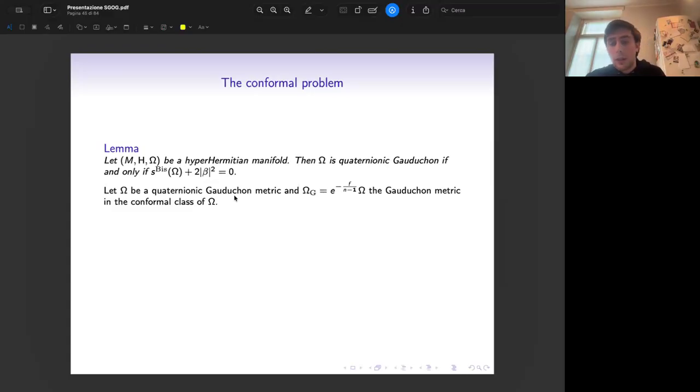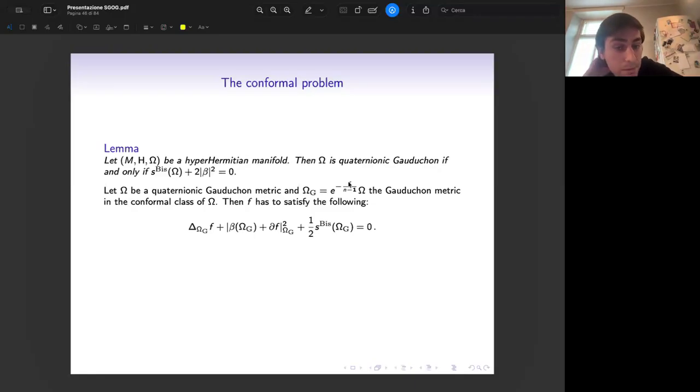With this conformal change, we can deduce an equation for f, the logarithm of the conformal factor, which has to satisfy the following. So if we want to find a quaternionic Gauduchon metric, we need to find a function which satisfies this.